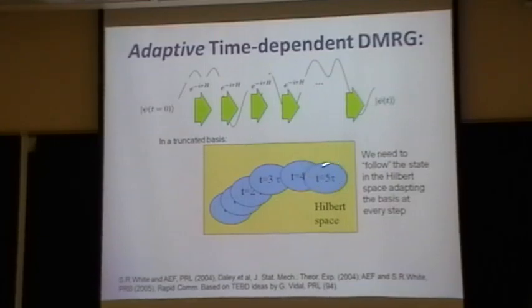So you need to keep track of this state and this state at the same time. When you optimize, you decide what to keep by optimizing something which is presumably overlap. We're always following the same idea, basically the entanglement.